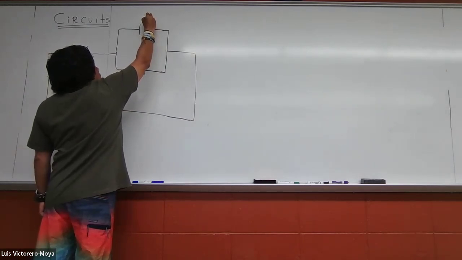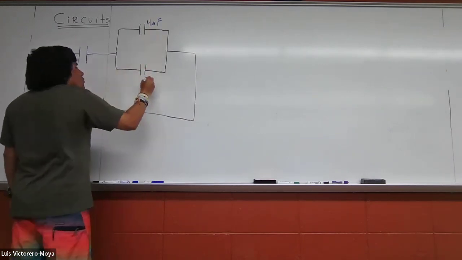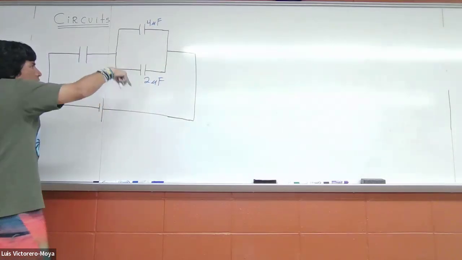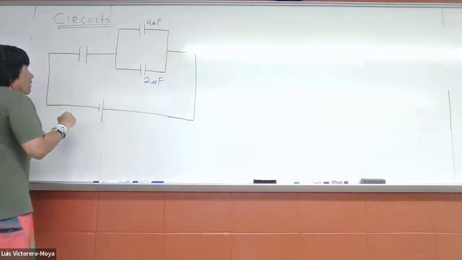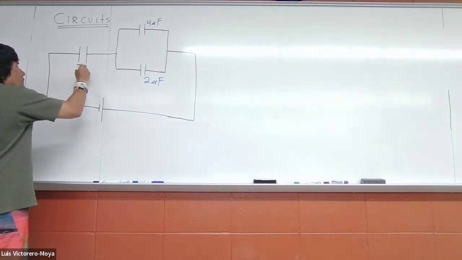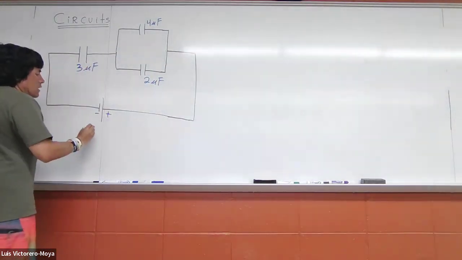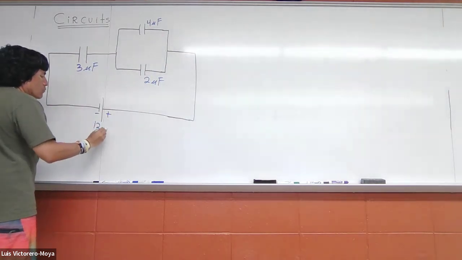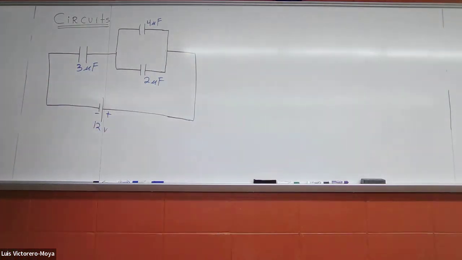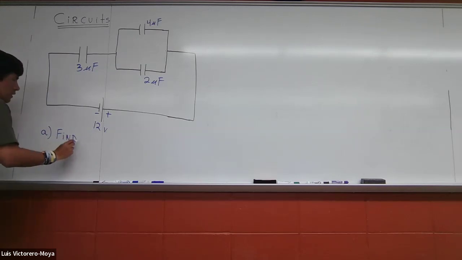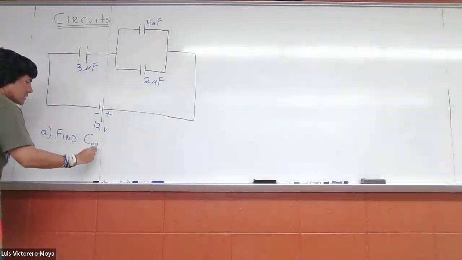Let's give values here. So 2 microfarads, 4 microfarads. So those are the capacitance values. 3. There you are. And the voltage here, let's say, is 12 volts. What can you be asked? A, find the equivalent capacitance.